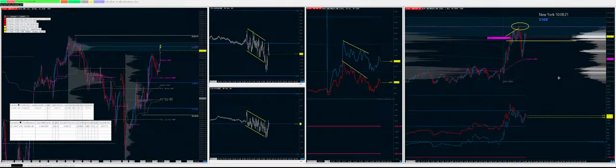If we get a delta flip right here, meaning that both of these guys cross RTH neutral, then I'd probably add.